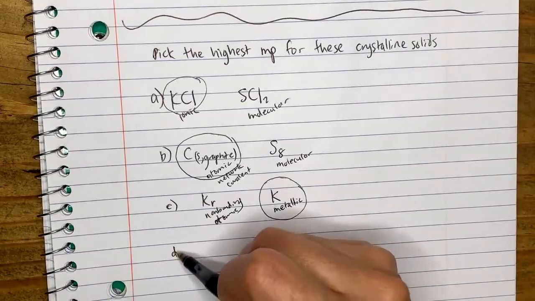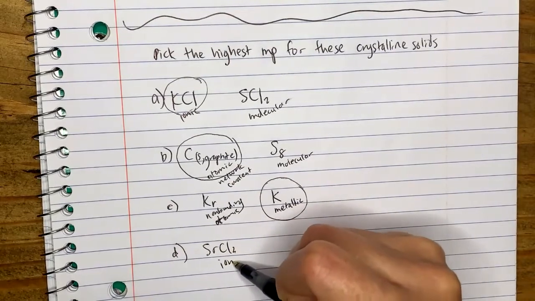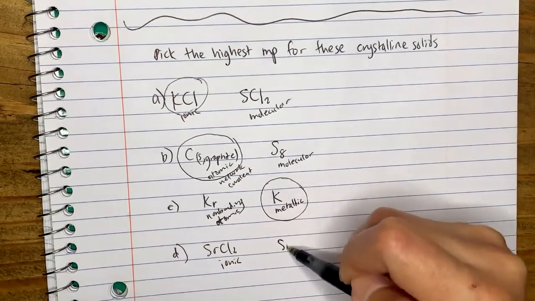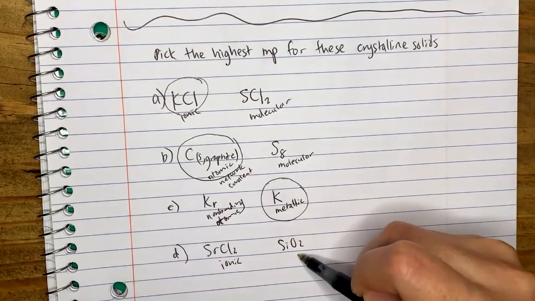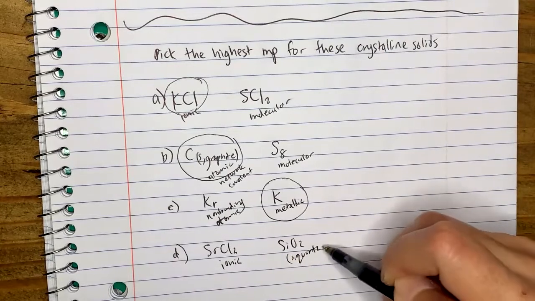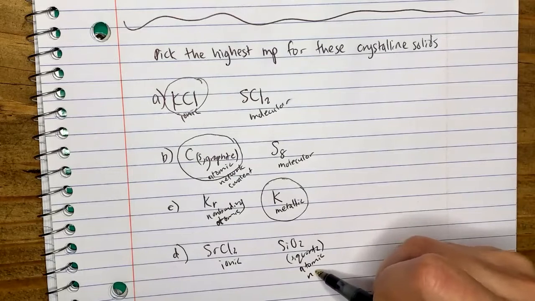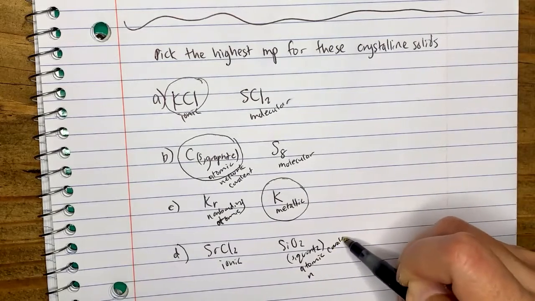Okay. Now another option is you have SrCl2, which is ionic, and compare it to SiO2, which is quartz. And this one is atomic covalent network.